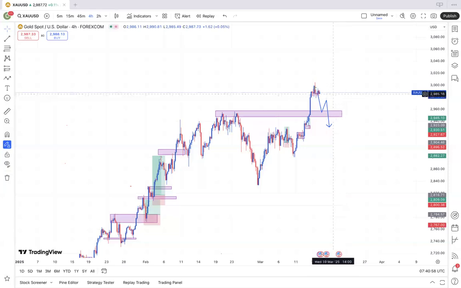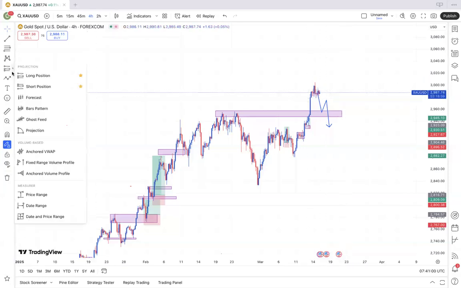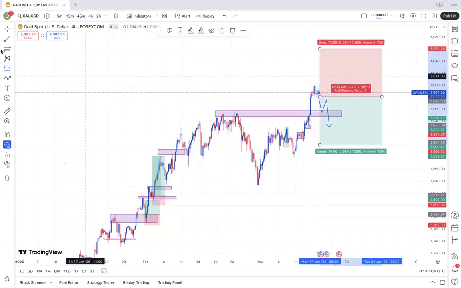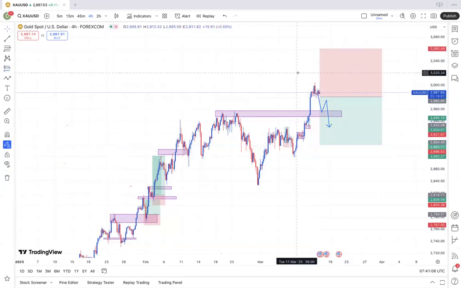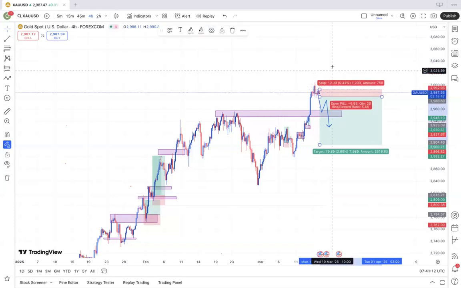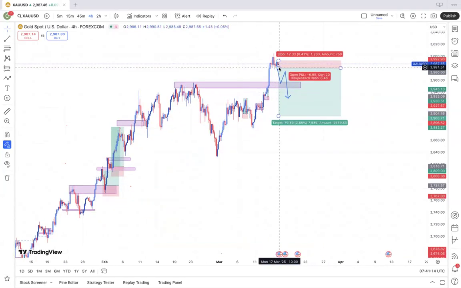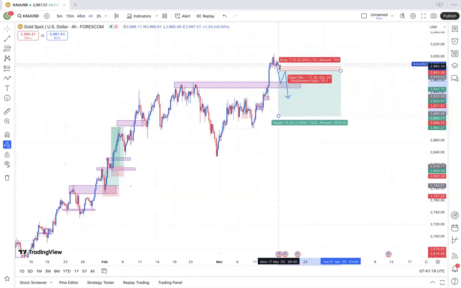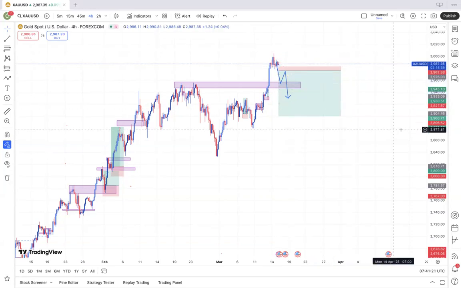For me, I'm going to be looking at sells around 29.77 all the way down to an area where I'm expecting the buys. But I'm going to apply risk management to that trade because I'm going to be risking low, because I am not 100% as confident in the trade as I would be normally. So I'm going to be expecting the stop loss to be 50 pips or less.